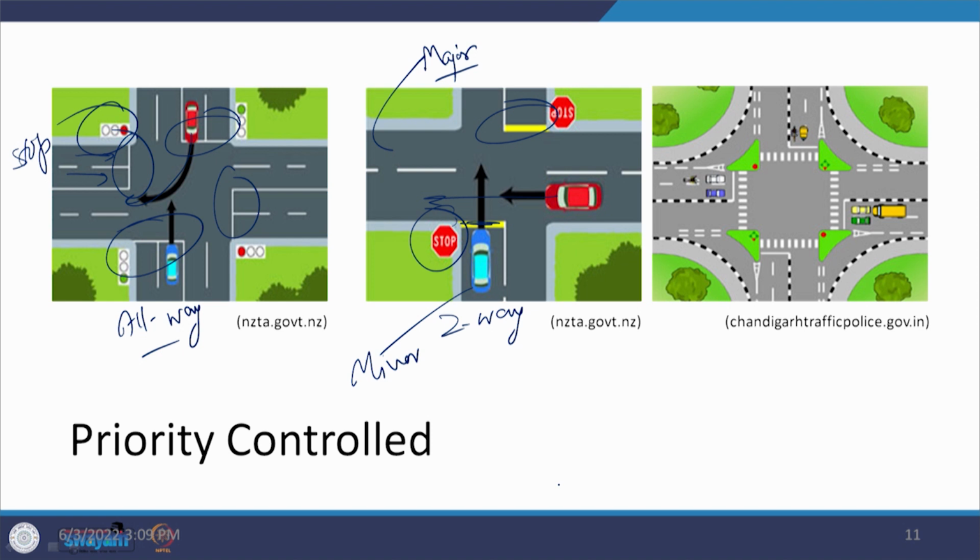Now, when you go further into such things, then what you can have is again a channelization pavement marking system which provides exclusive movements for exclusive types of users, and that is what is being shown in this particular photograph.